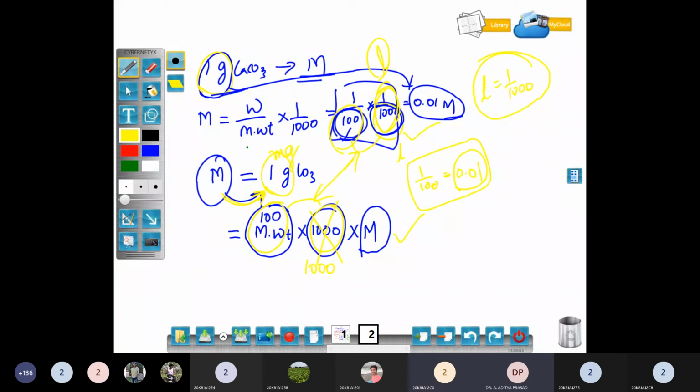While converting molarity into milligram per liter, then only will I consider 1000 here. If I want grams only, I don't consider this 1000; I just multiply with the 100. Are you able to follow what I am saying? Is there any doubt in these conversions? No, sir.